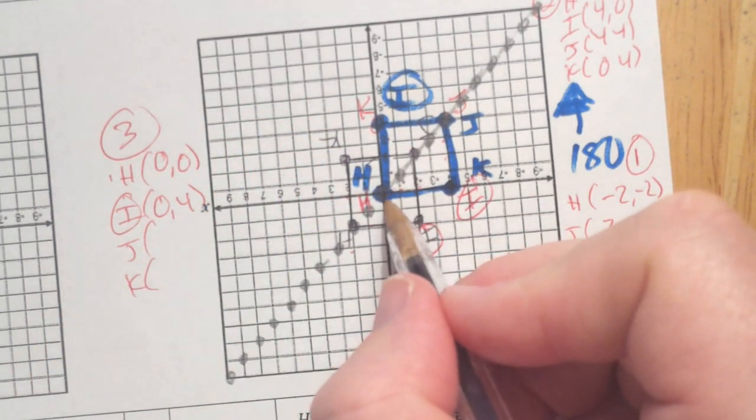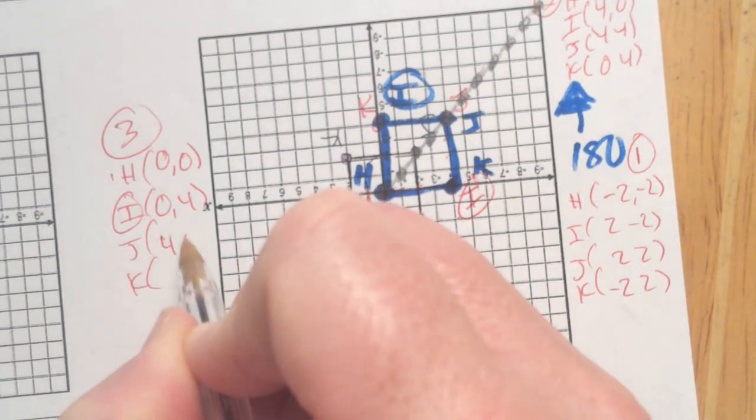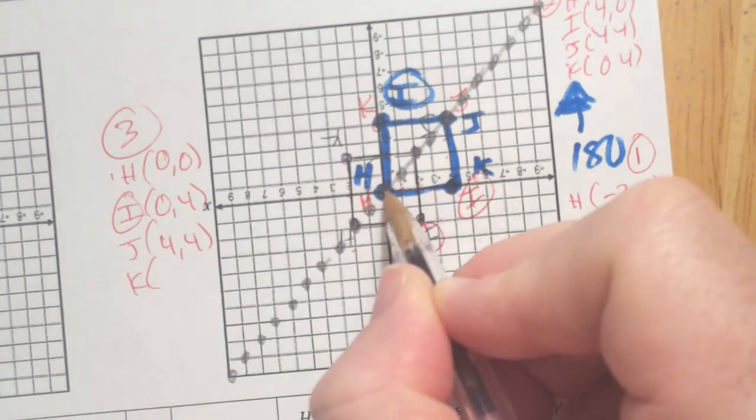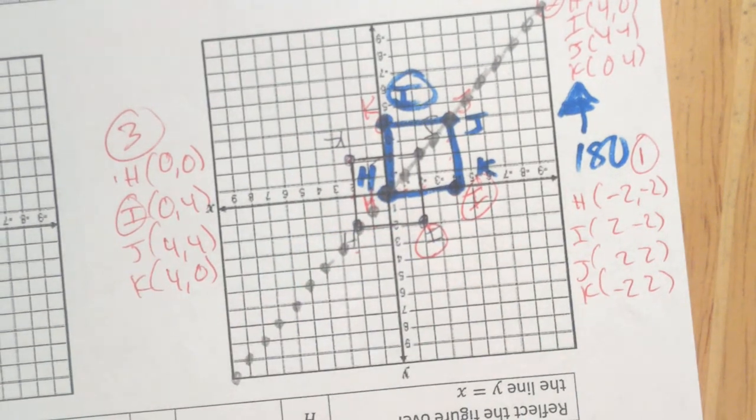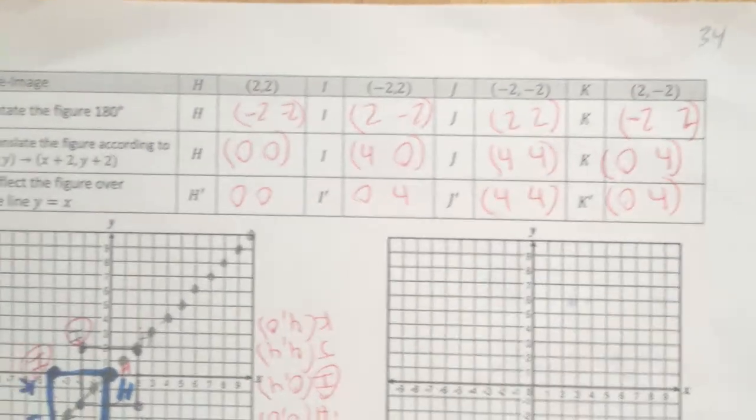Your J is at 4, 4. And your K is at 4, 0. And you would take those and put them in the box. So 0, 0, 0, 4, 4, 4, and 4, 0. Okay, so this is what your box should look like.